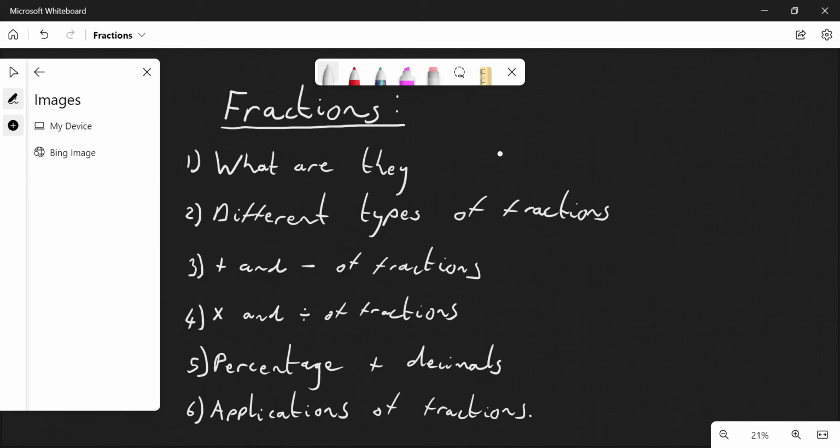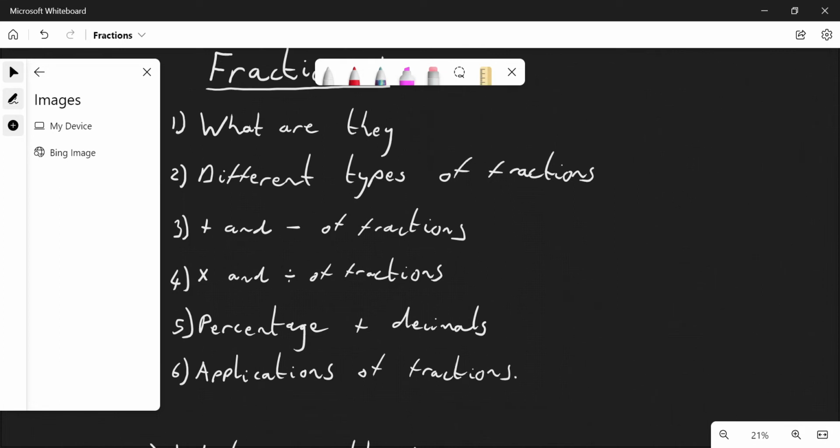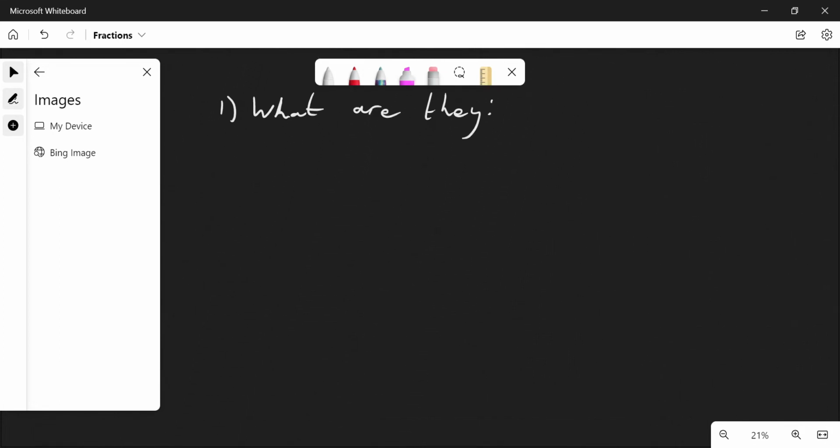So what are the different situations where we find fractions and where we apply these rules? All right, so without further ado, let's go on to the first part here.